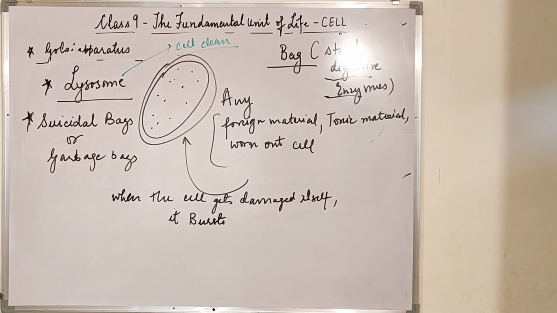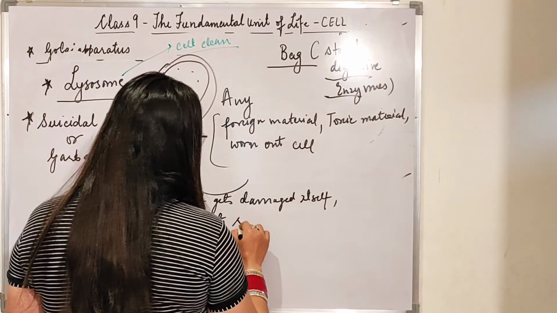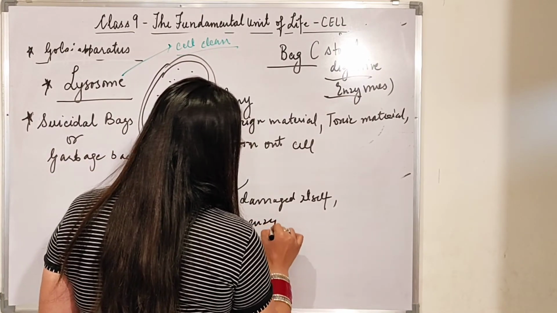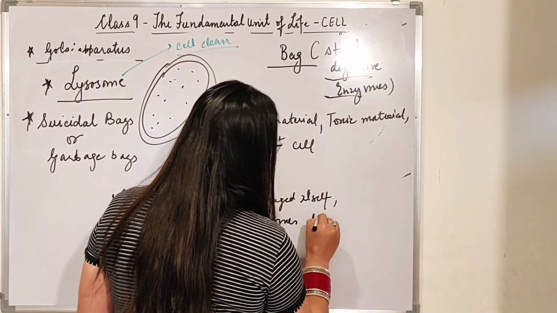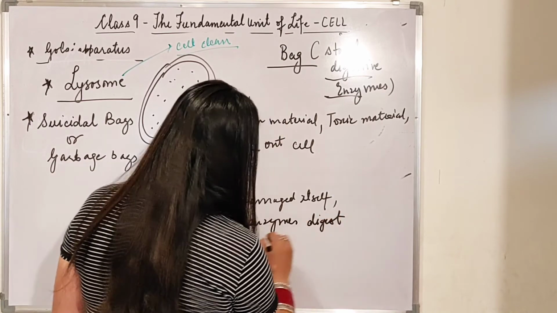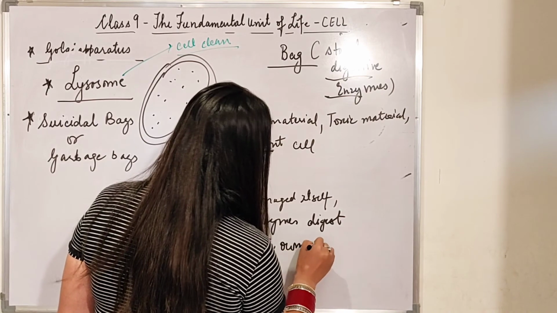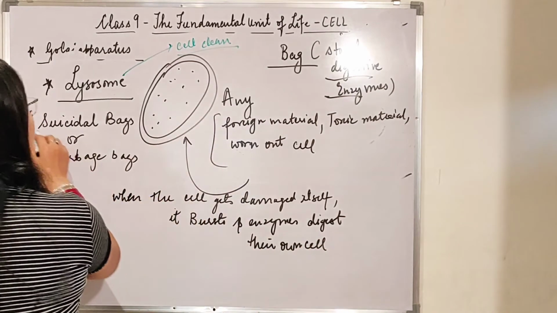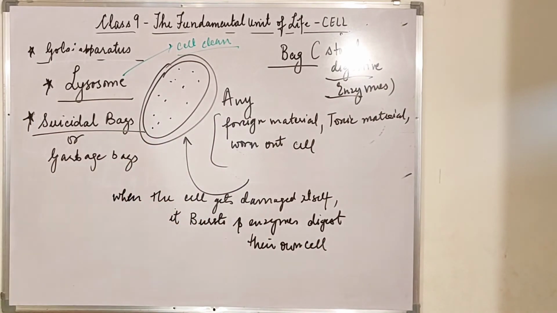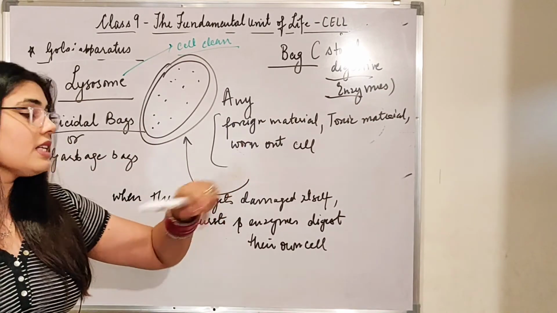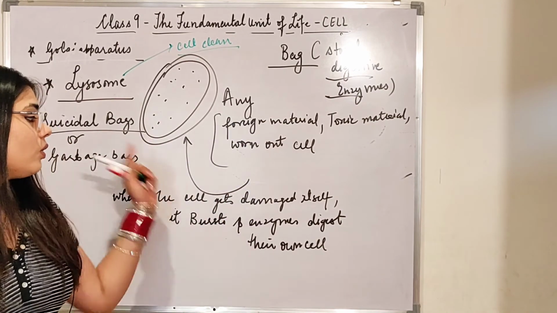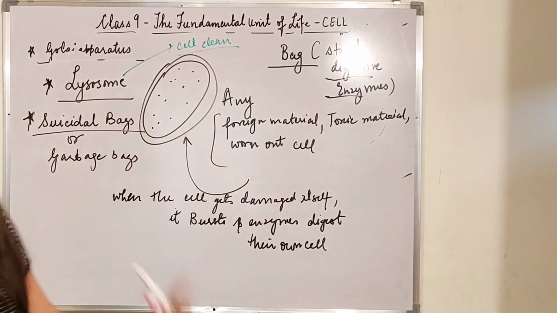As the cell gets damaged, the lysosome may burst, and the enzymes digest their own cell. That is the reason they are known as suicidal bags, because when the cell gets damaged, it bursts itself and the enzymes digest their own cell.